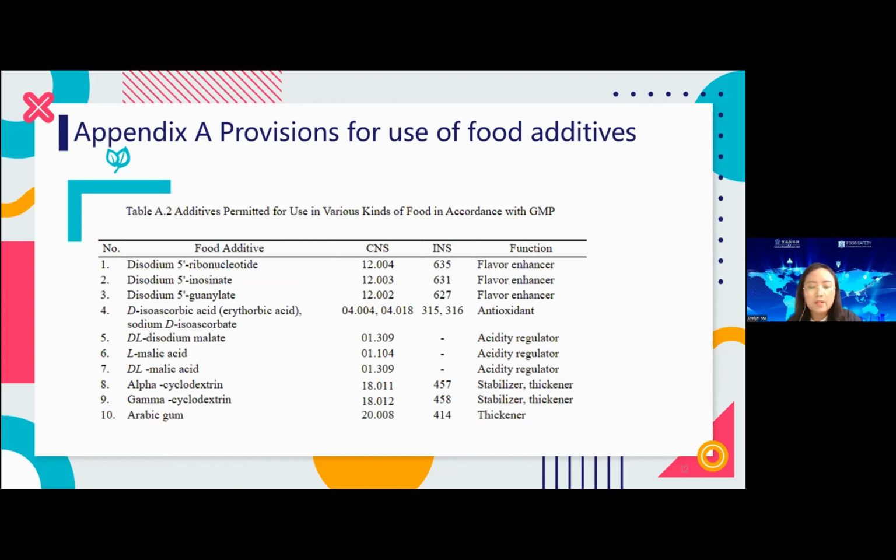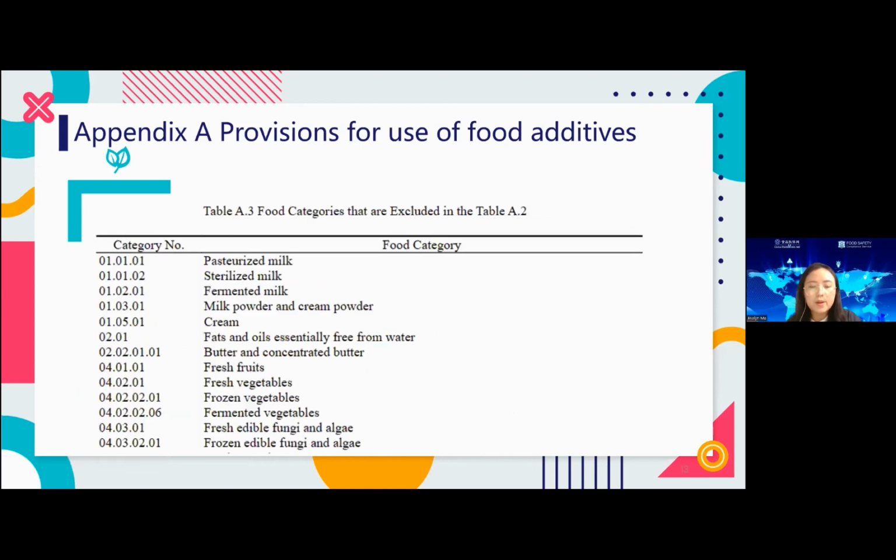However, the food categories listed in the table A3 cannot use the food additives listed in the table A2, unless there is a specific requirement specified in the table A1. And except for the previous requirements, the table A3 prohibits the use of the food additives permitted in the higher level food categories for lower level food categories.